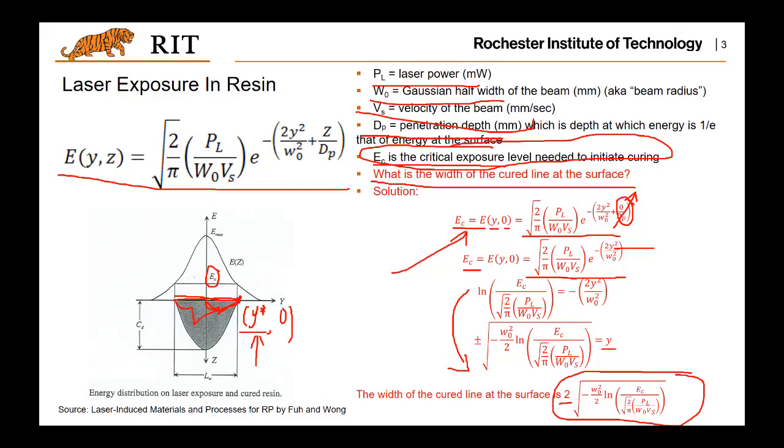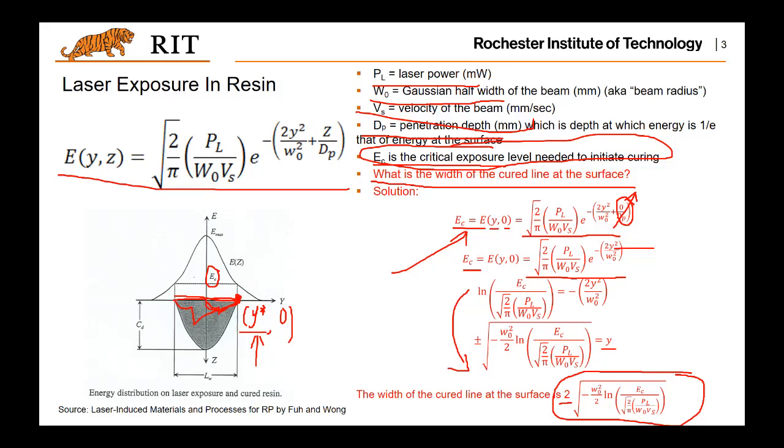So the critical thing here is you have to understand that when you look at this point at the surface, you are actually looking at a point with the exposure being the critical exposure.